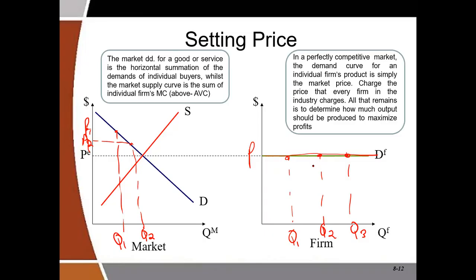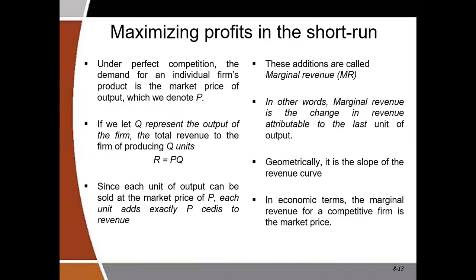The price always will remain the same at the different levels of quantity demanded. That is why the demand curve of a single firm in a perfectly competitive market is perfectly elastic.